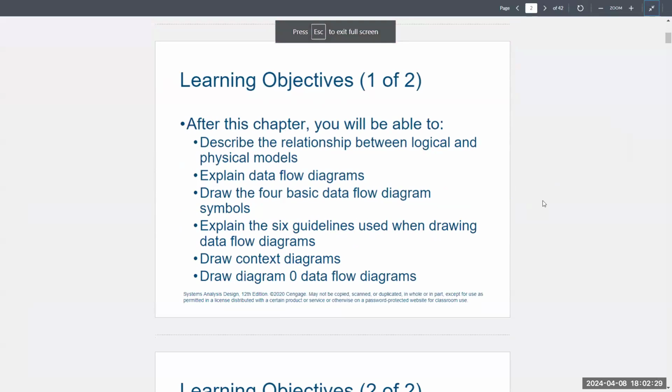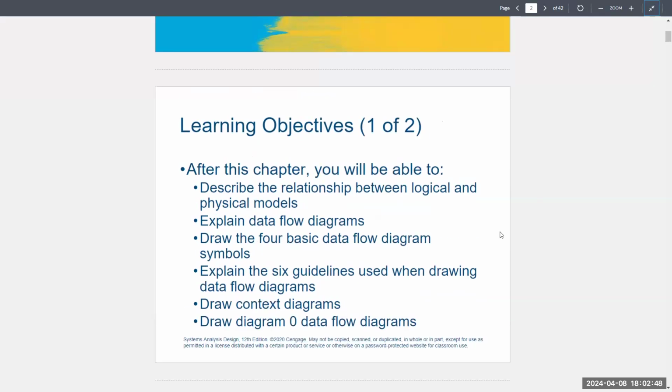So just so you know, there are, broadly speaking, 2 types of analysis as far as this course is concerned. Data process modeling, which we're going to talk about today, and also the object-oriented modeling, which is for next week, okay? So we're going to talk about what's the difference between logical and physical model.